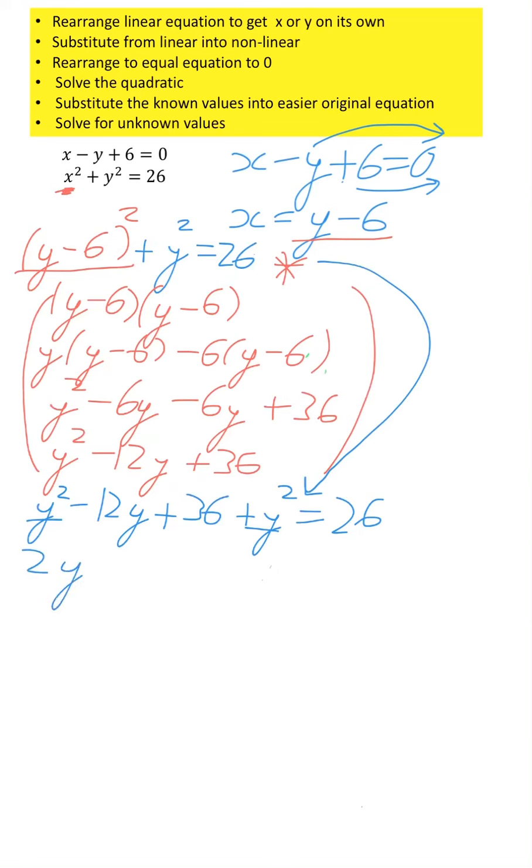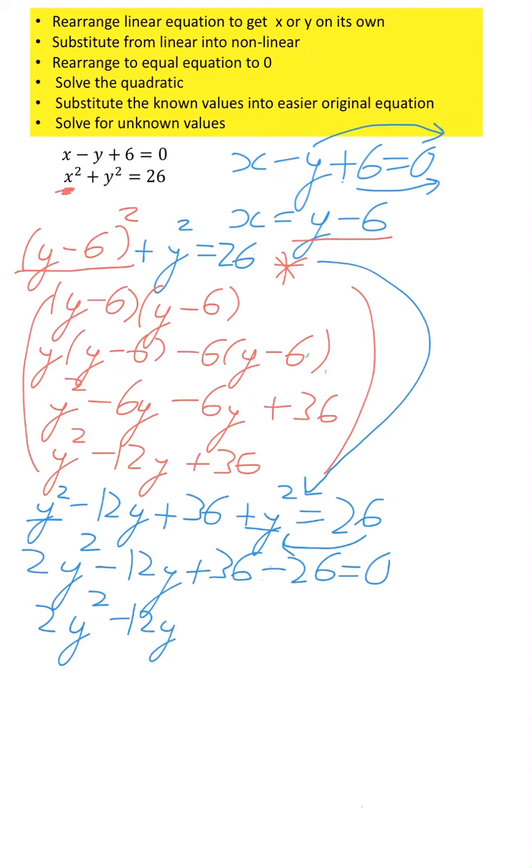That'll be 2y squared, now minus 12y plus 36. And then it was equal to 26, so let's bring that over. So we have minus 26 equals 0. So now we have 2y squared minus 12y plus 10 is equal to 0.